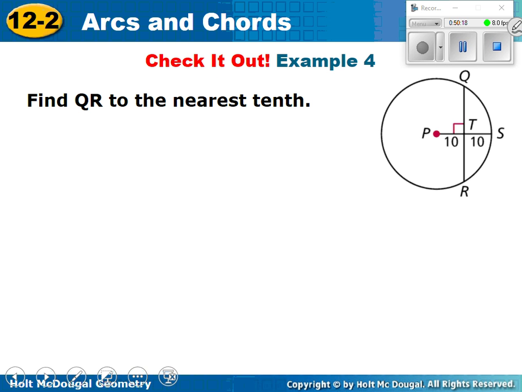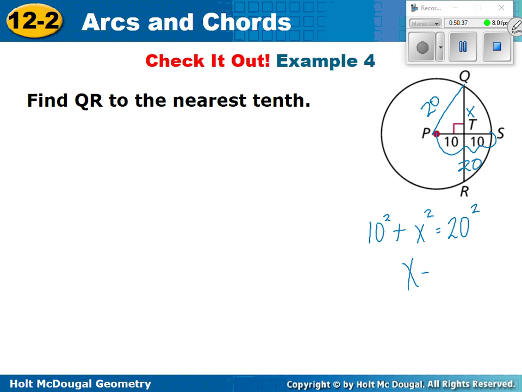Okay, I heard 2 different answers on the last one, so let's look at it really fast. See where we went wrong. What's this whole distance? 20, which means P to Q is 20. So your Pythagorean theorem should have been 10 squared plus x squared equals 20 squared, which should have left you with x equaling the square root of 300, which is 10 square roots of 3.